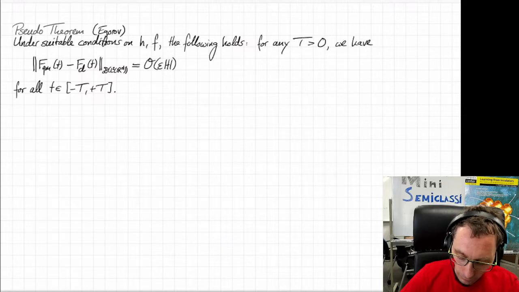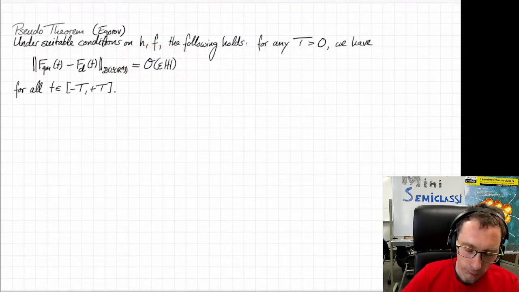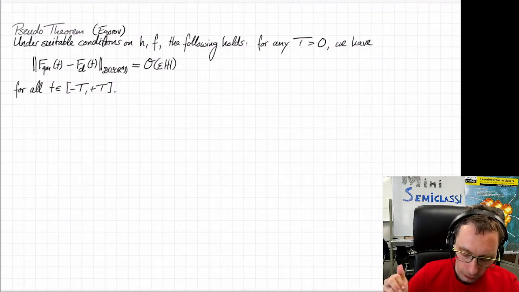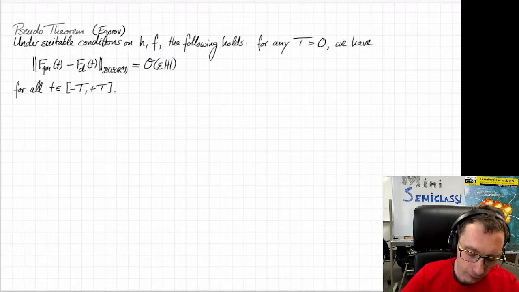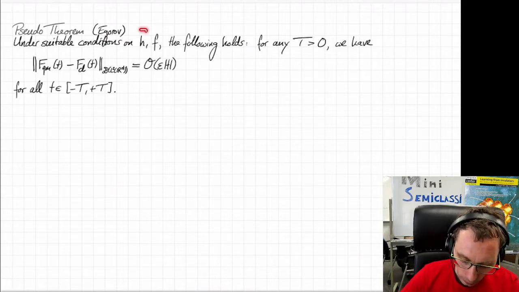So you just have a fixed time t, which is independent of epsilon. That's the key point, so that this estimate here holds true. With some technical effort, you can also prove Egorov type theorems on the so-called Ehrenfest timescale, where you gain a logarithm, which is the best you can do if the only thing that you can use is the Grönwall lemma, if you don't have any additional knowledge on the Hamiltonian or the observable.